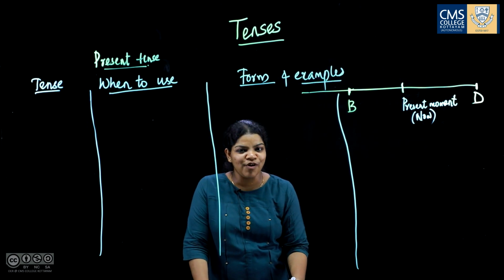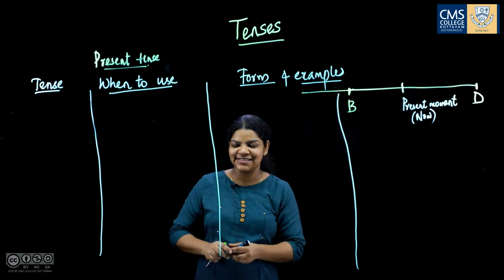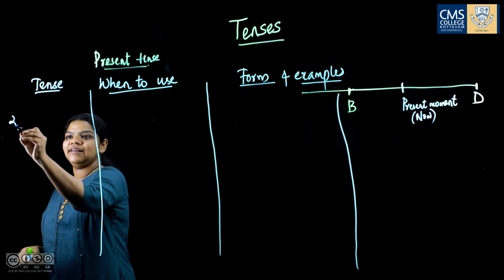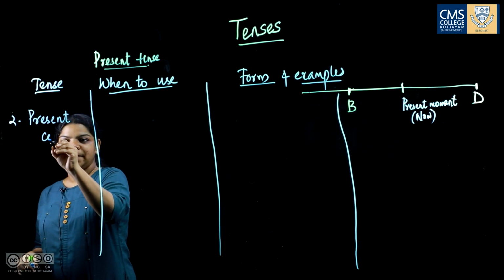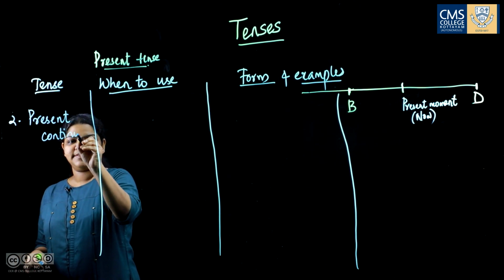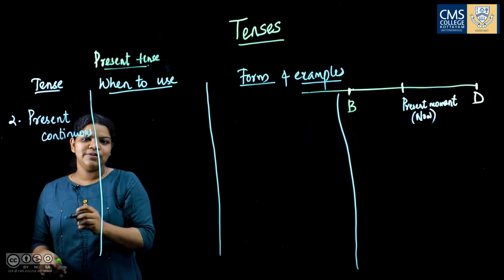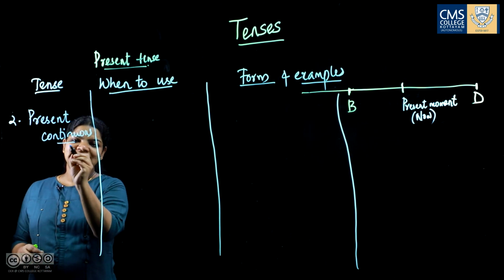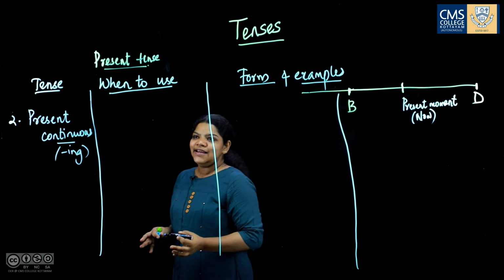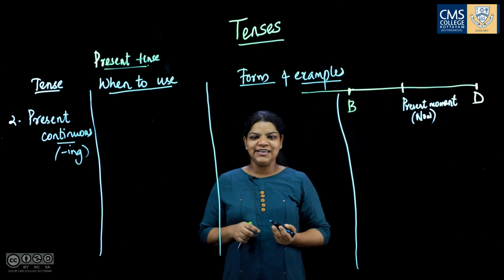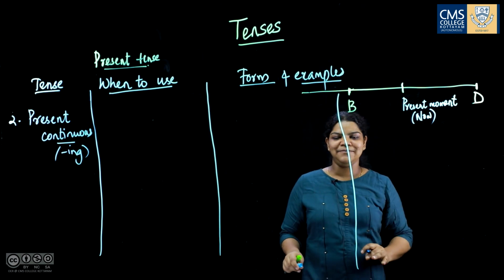Next, we will move on to the second type of present tense, the present continuous tense. So remember, when you use a continuous tense, there is an ing form of the verb coming. Now, when do we use this present continuous tense? Let's come back to the timeline.